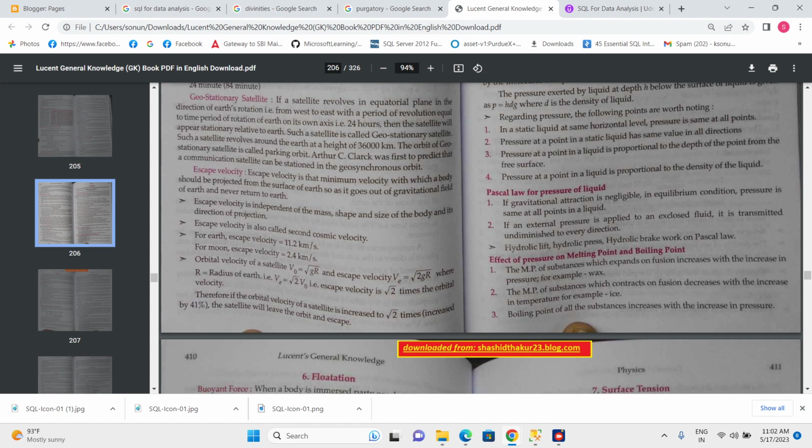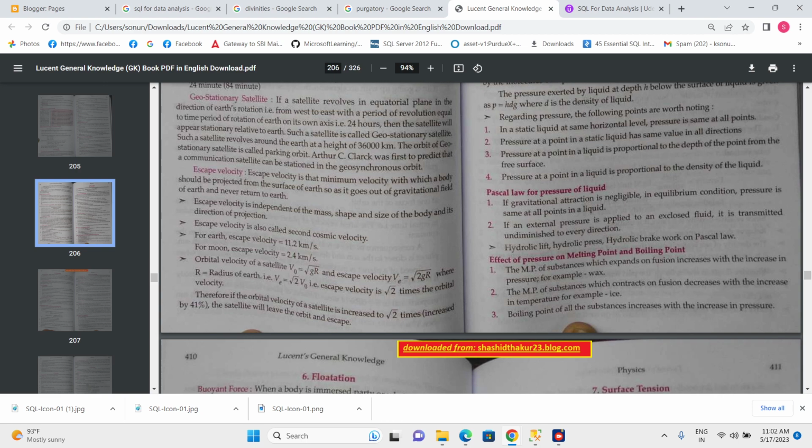Now come to escape velocity. For Earth 11.2, for Moon 2.4, orbital velocity root gR, escape velocity root 2gR. Relation between orbital velocity and escape velocity: escape velocity is equal to root 2 into orbital velocity.